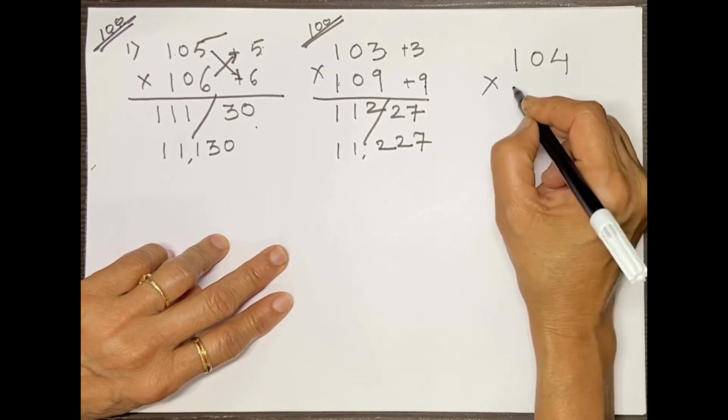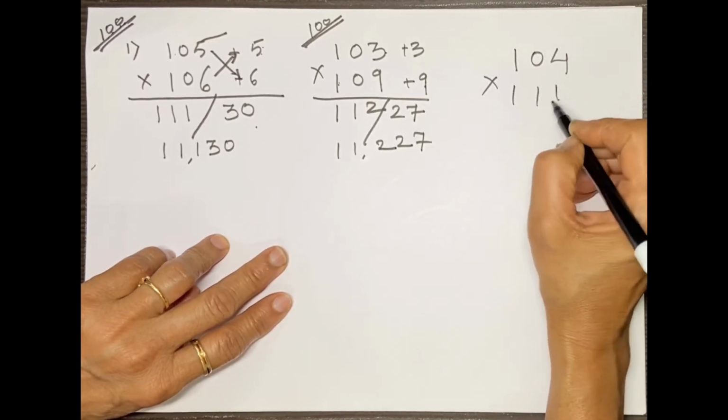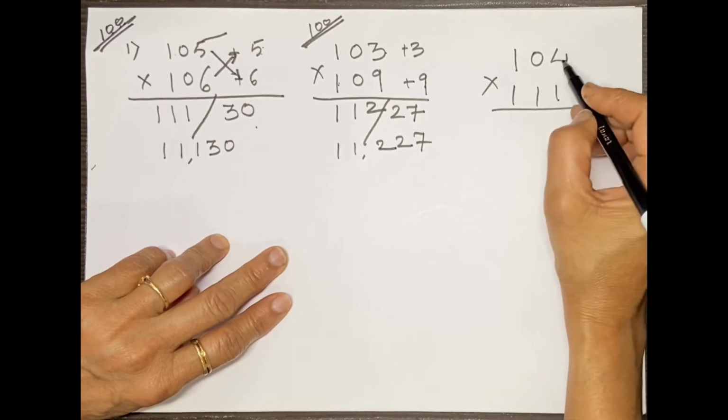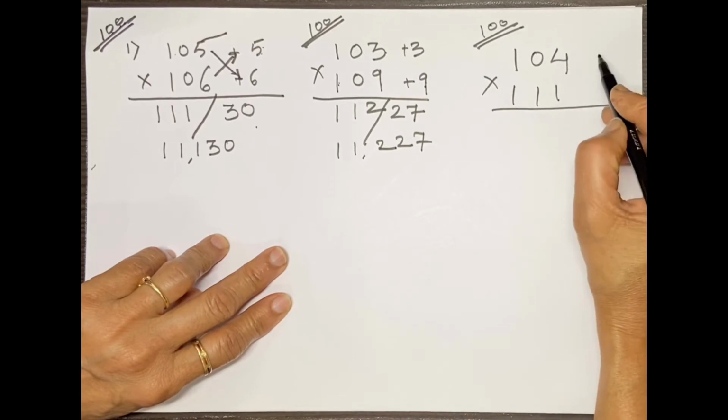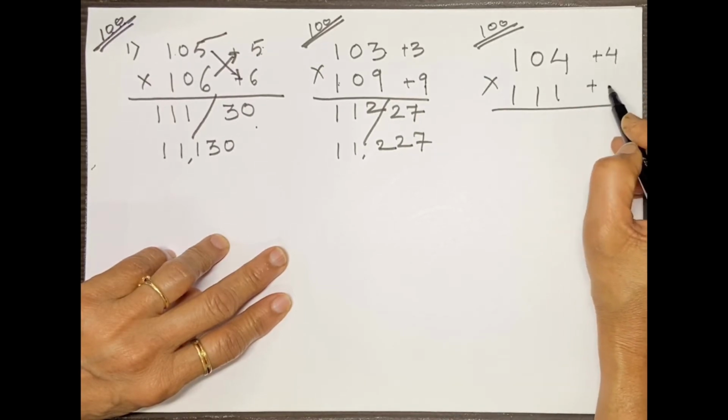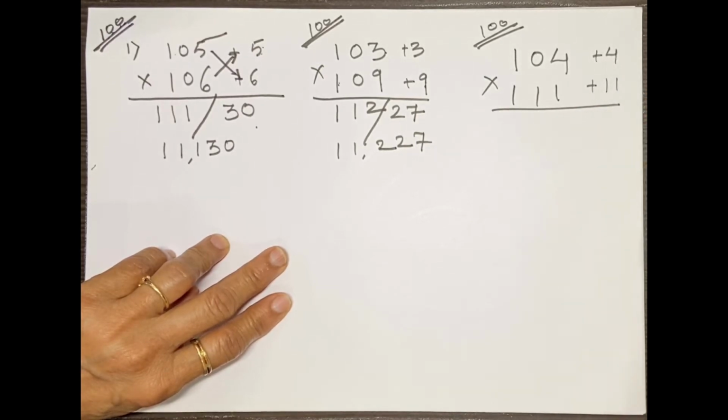One more example, 104 into 111. Again both the numbers are near to 100. It is more by 4, and 111 is more by 11.